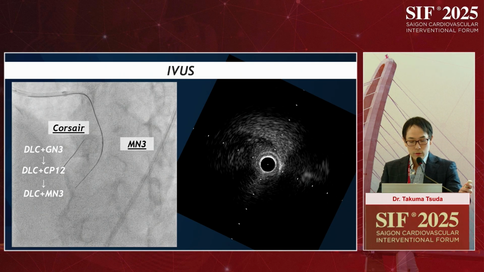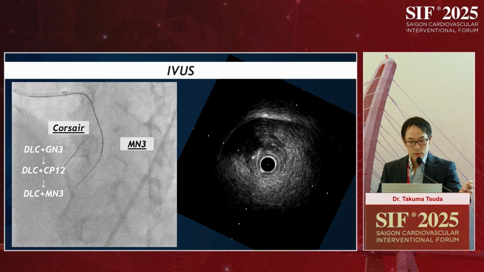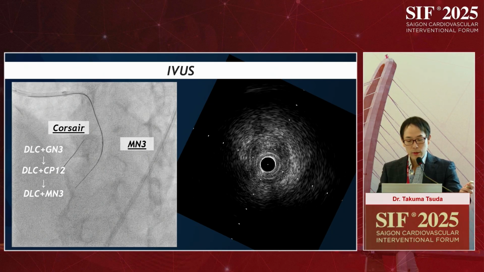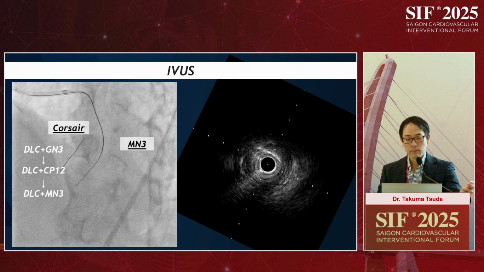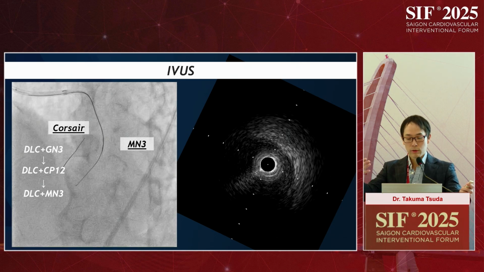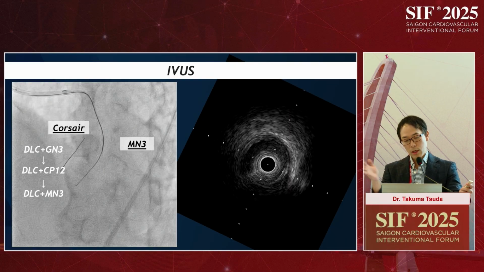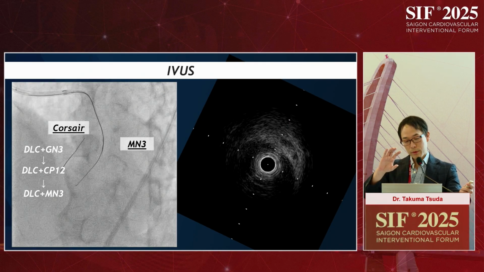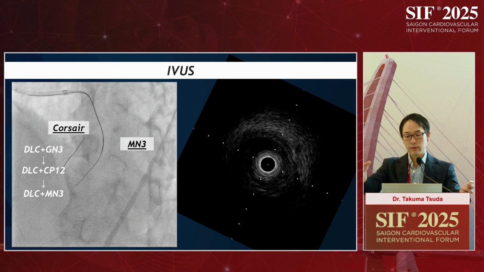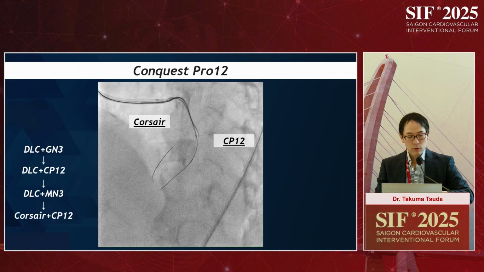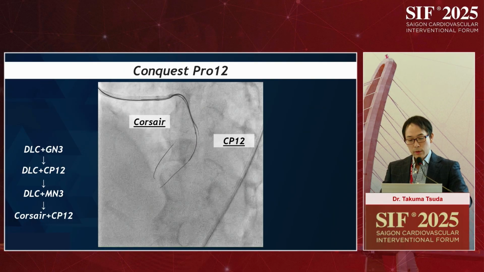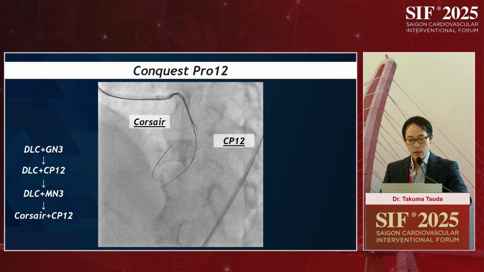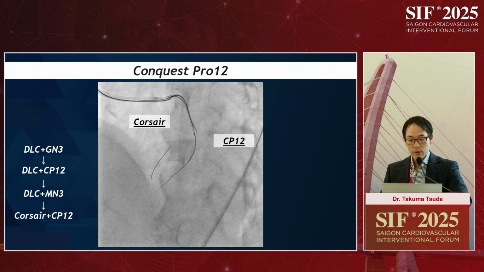The target true lumen is at 12 o'clock, but on the more proximal side, just after the proximal cap entry, the true lumen is at 9 o'clock and goes to 12 o'clock at the distal. Okay, so first of all I used a Confianza Pro 12 in this case with IVUS guidance. Okay, but as you know, the CP12 could not be controlled and also went to the lateral side.